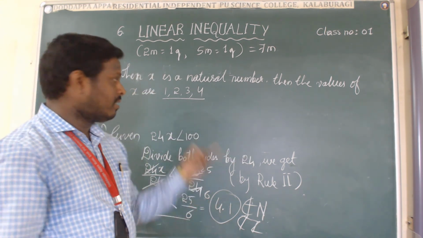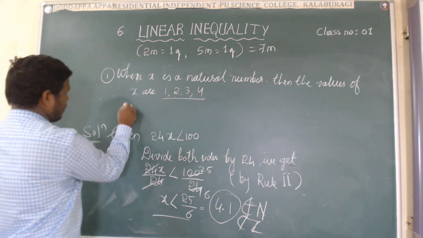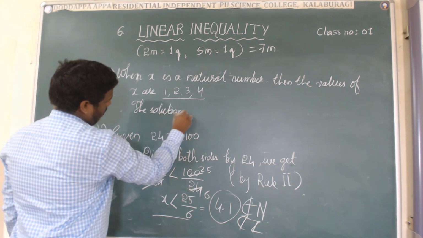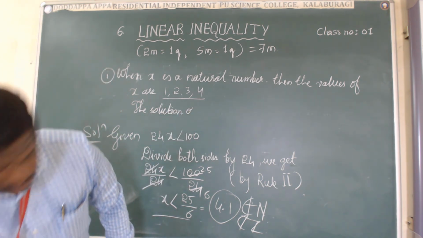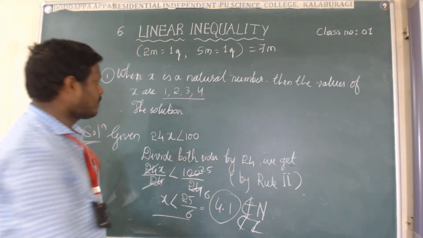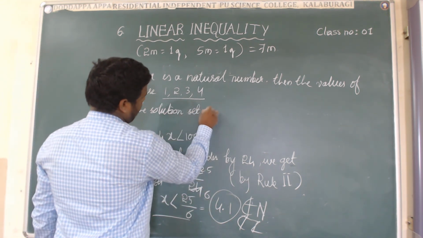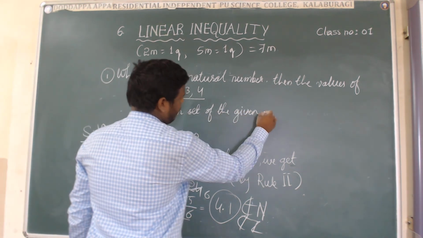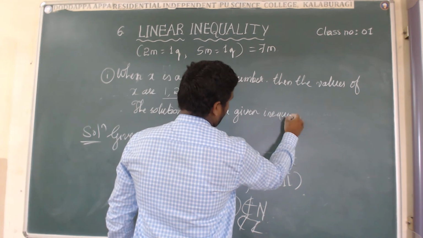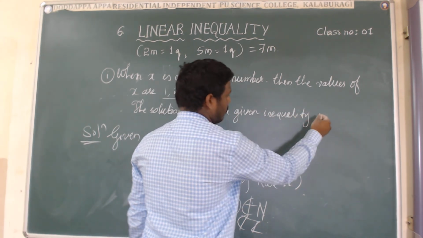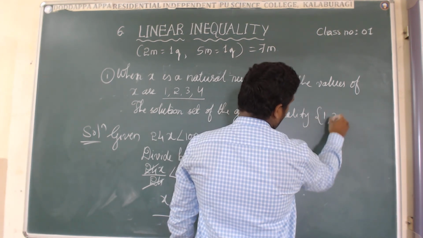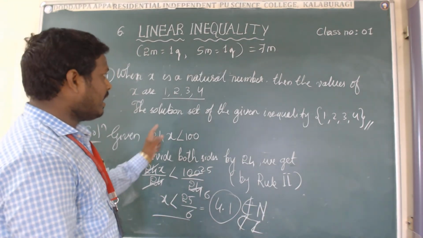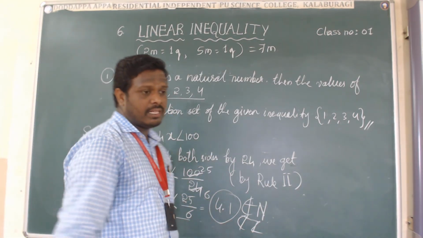If you want to write it, therefore, the solution set of the given inequality is 1, 2, 3, 4. That is the first question, when x is a natural number.